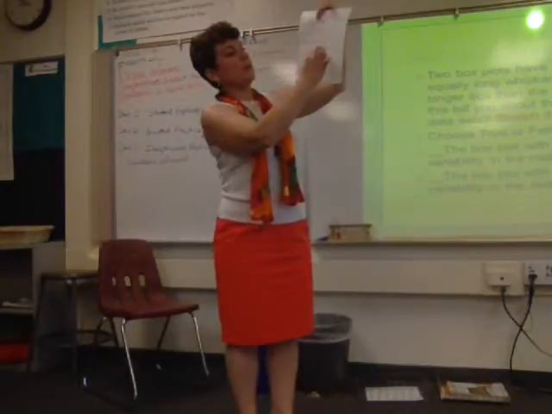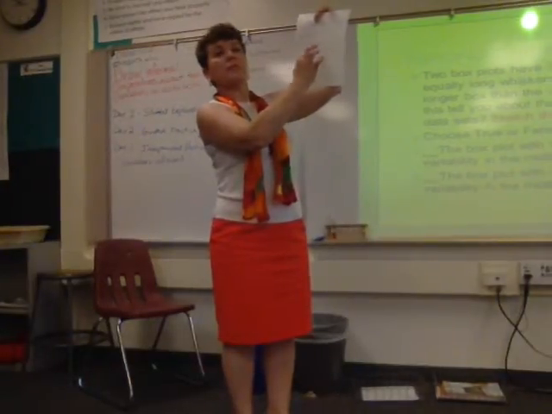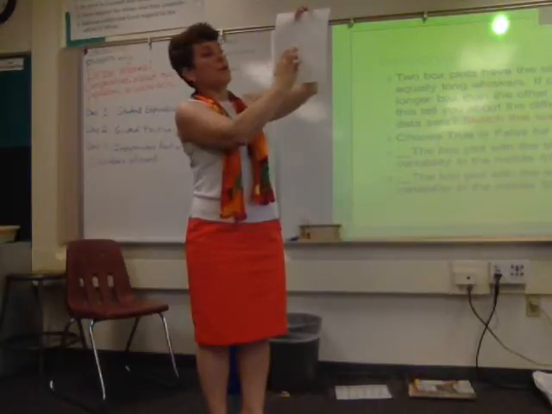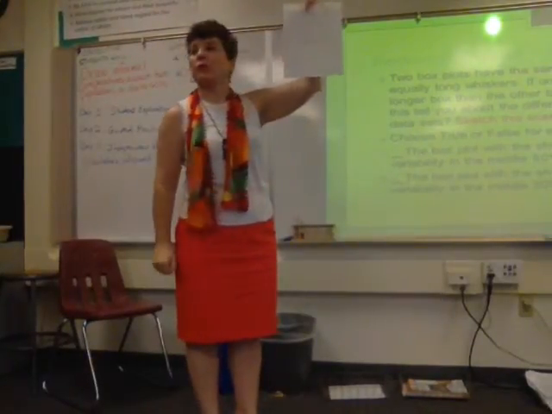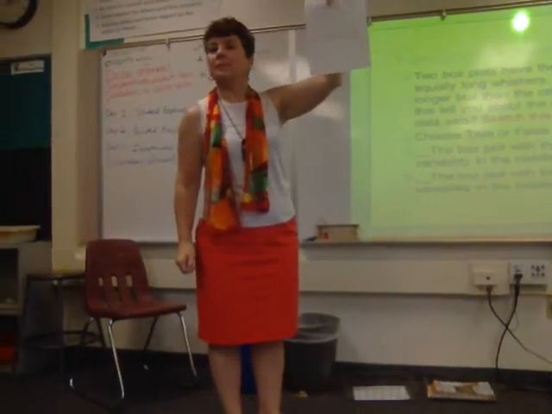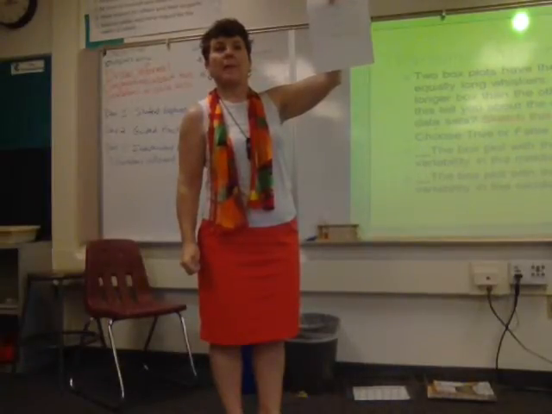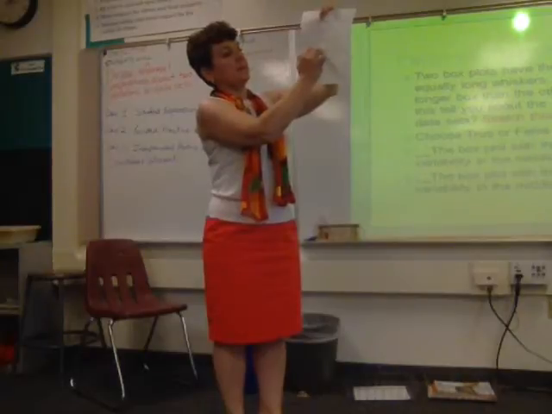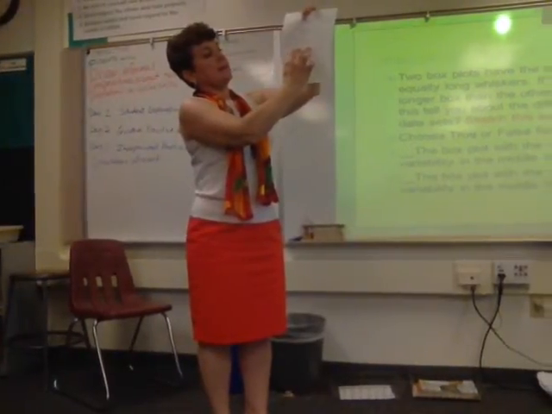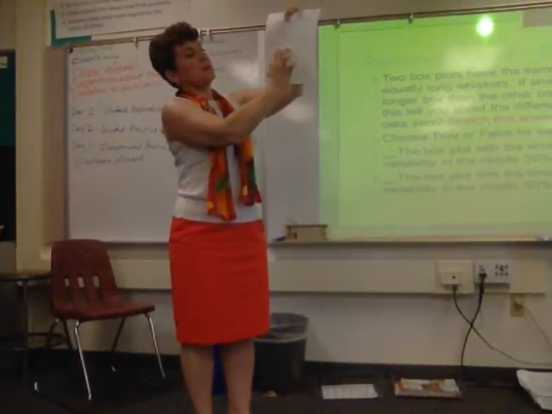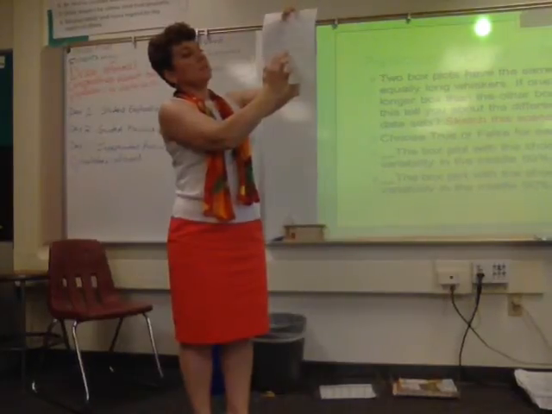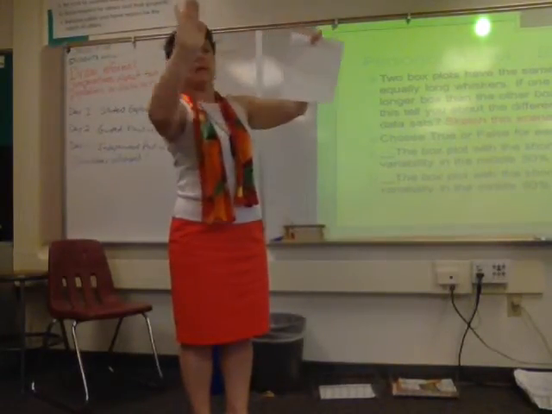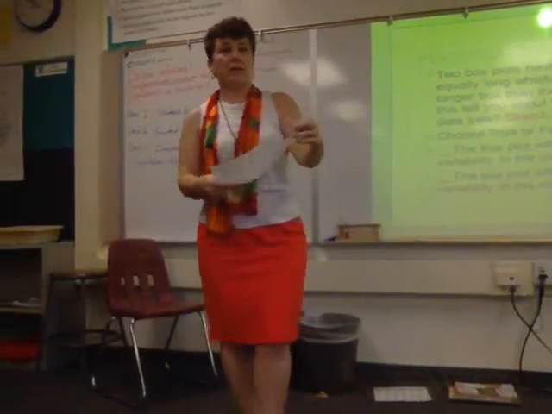If we look at variability, which is essentially the spread between the upper and lower quartile, which one has a greater spread? The top one. There's more data in this range. This is more clustered. This is spread out more. So the variability is greater.